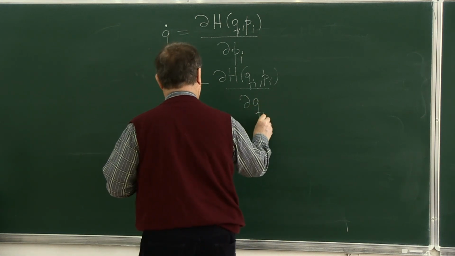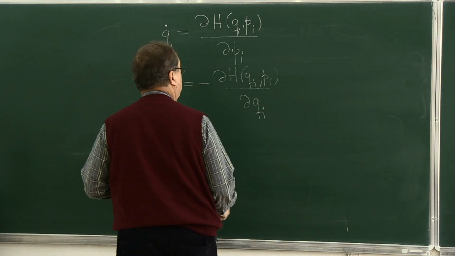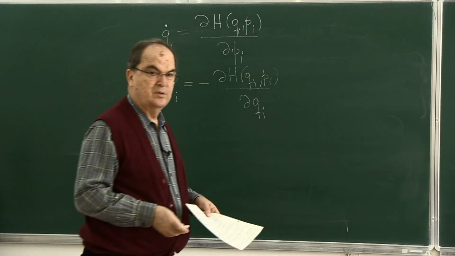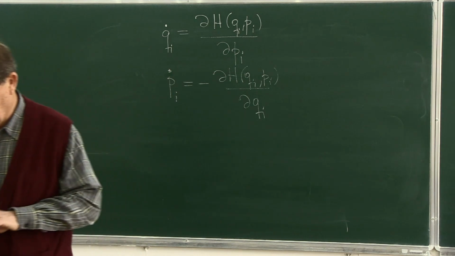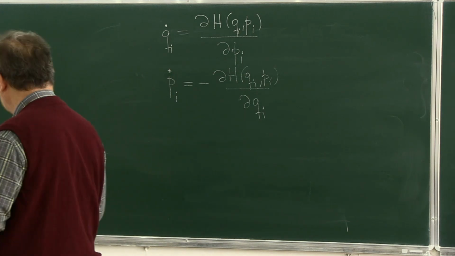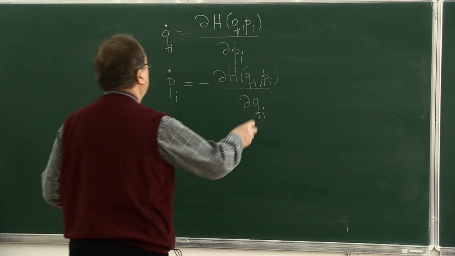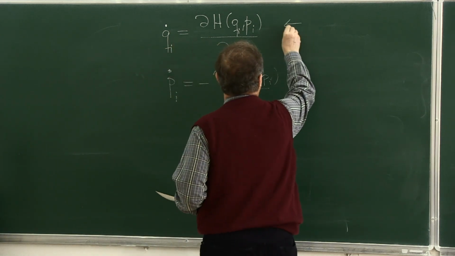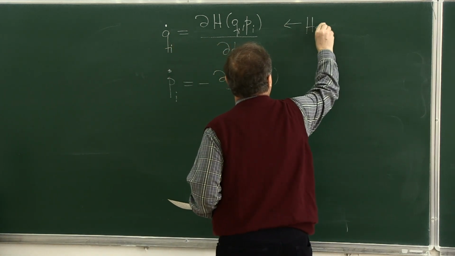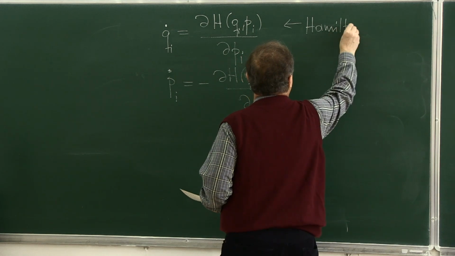Again, i from 1 to 3N components are changing like this. That is the Hamiltonian of the system. We know the description quite well.